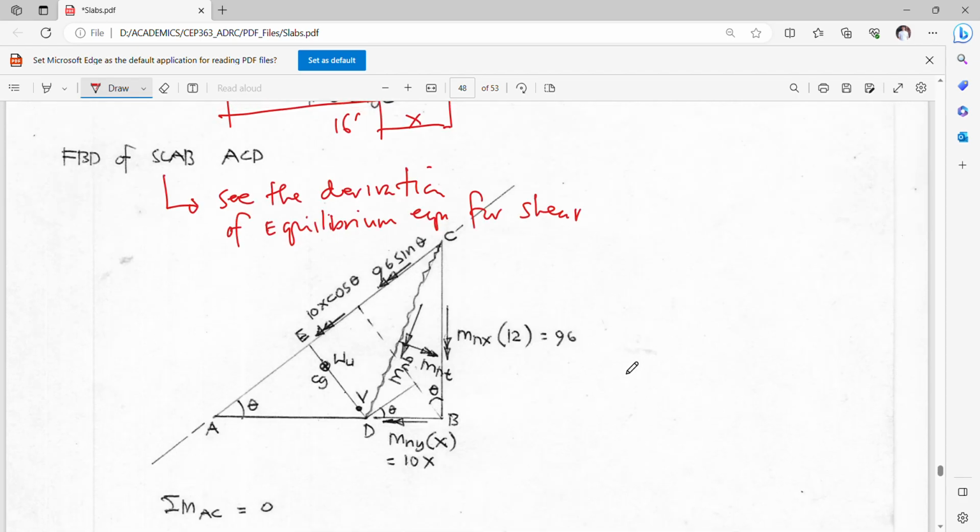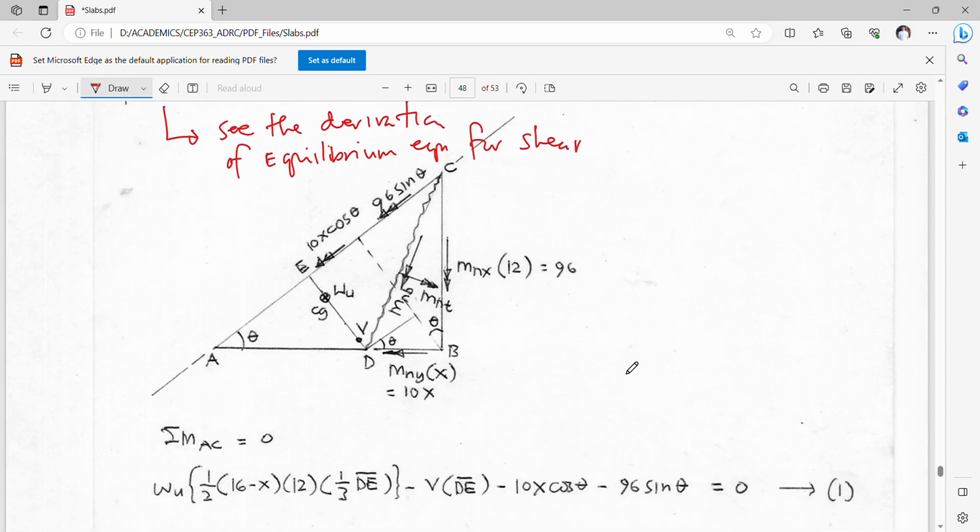In this particular case, since it's an equilibrium method, all we need to do is use the equations of equilibrium.